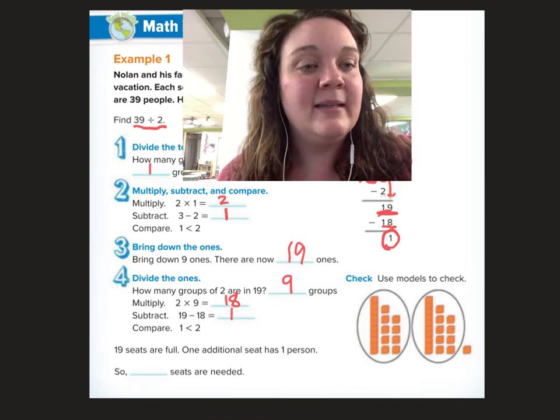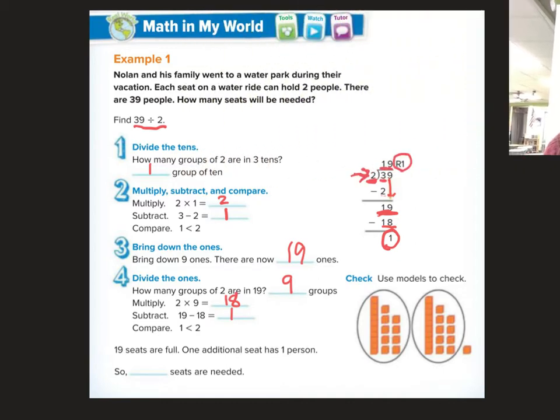So there are 19 seats, but one person isn't going to have a seat, right? If we use models here, 38 people can sit down, but one person's not going to get a seat.